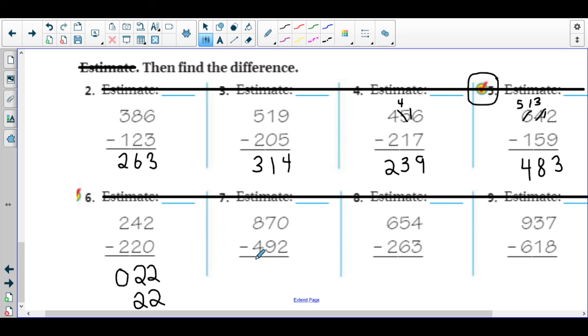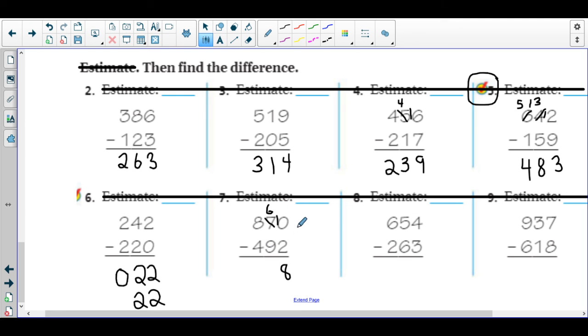All right, 7. And there's a lot going on with this one. 870 minus 492. The top number, 0, is smaller than the bottom number, 2. So I need to borrow 1, add 1. Borrow from my neighbor. So 7 becomes 1 less, that's 6. And then add 1 right here. So now 10 minus 2 is 8.